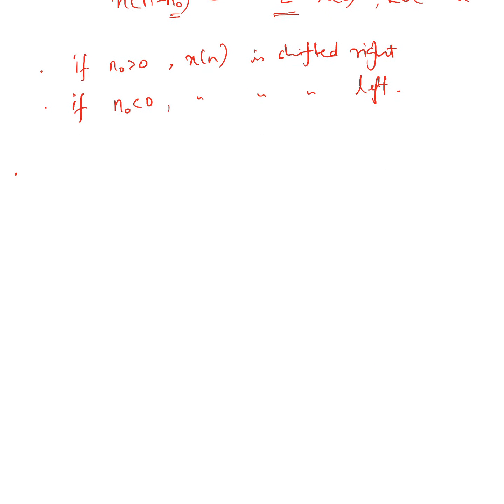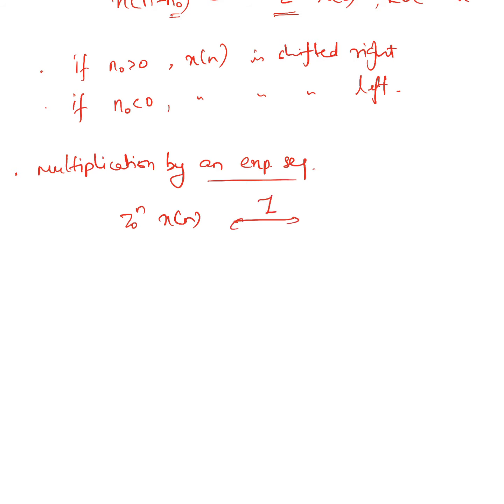The next property is multiplication by an exponential sequence. What I mean to say is that if you have this x of n and I multiply it by an exponential sequence z naught to the power n, then its z transform would change by z over z naught.